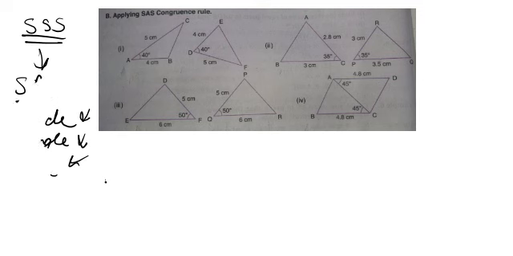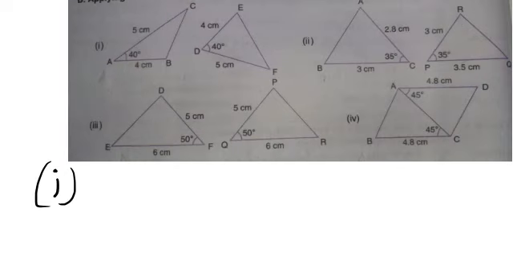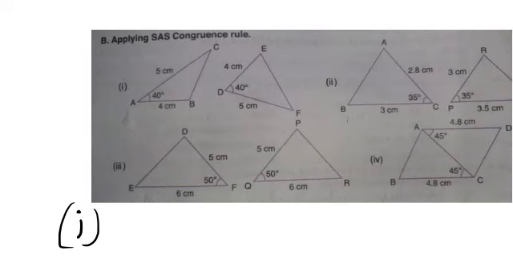Now here you can clearly see the first part, and what all things are given in it. First of all, the angle has been given, and that is 40 degrees. This one and this angle as well. Both of our angles are 40 degrees.